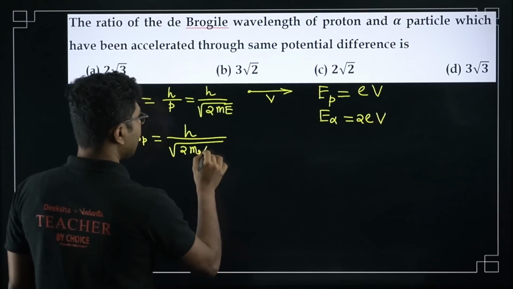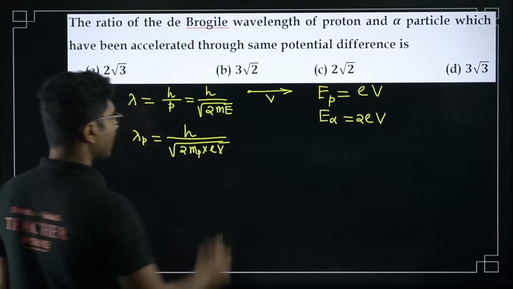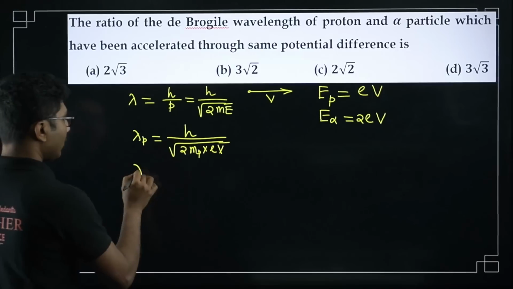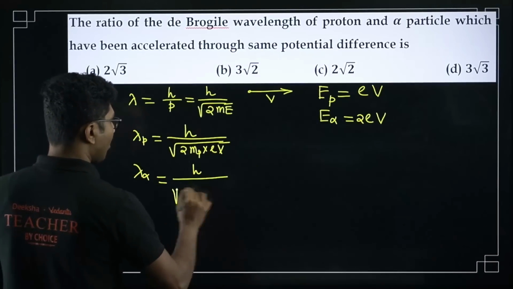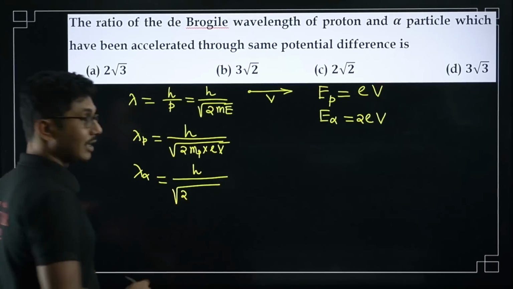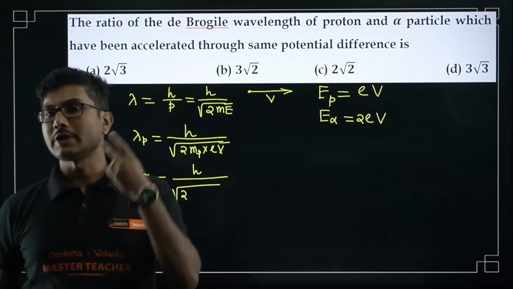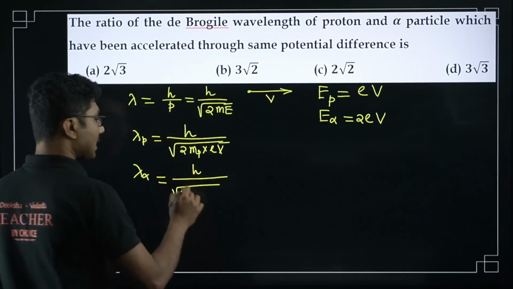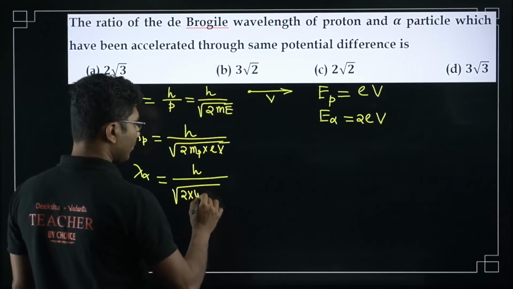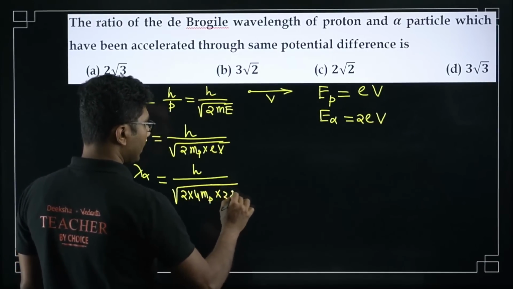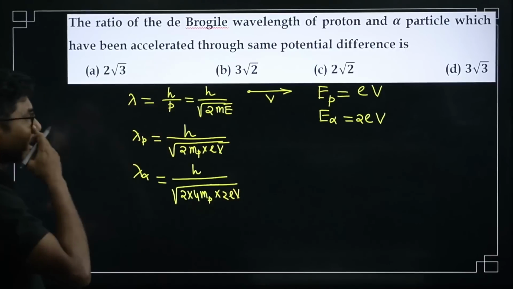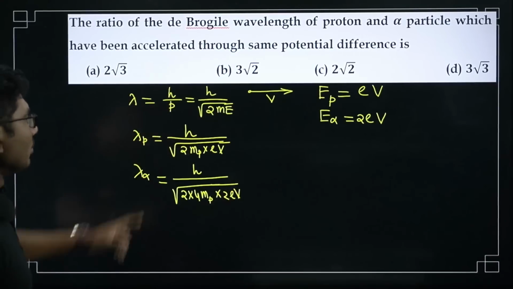Energy is eV. Okay, and lambda of alpha particle will be h divided by root of 2 into mass of the alpha particle. Now alpha particle has 2 protons and 2 neutrons, so its mass is basically equivalent to 4 of the mp into 2eV.